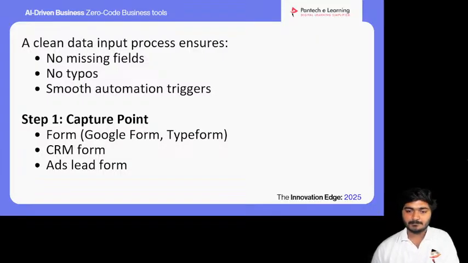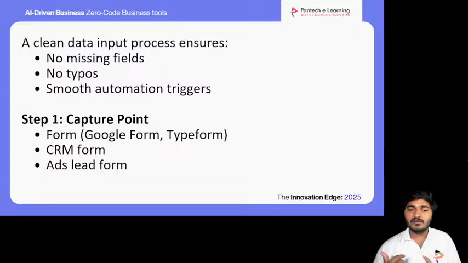And lastly, capture points. The capture point will be the form, where we use a Google Form or Typeform, so that they can fill in the forms and the leads will be gathered, and that lead will be sent to the CRM. So these are the forms: a normal form, Google Form, Typeform.